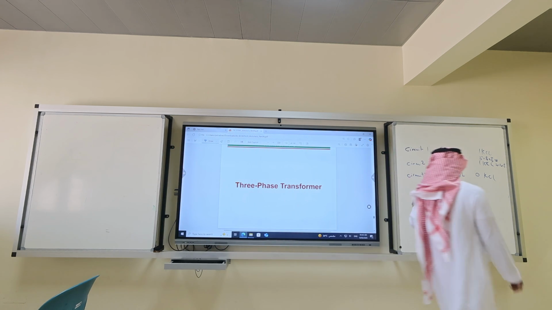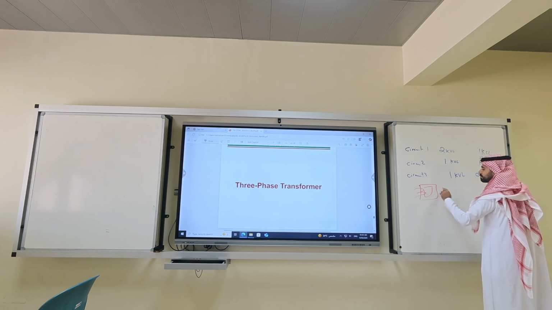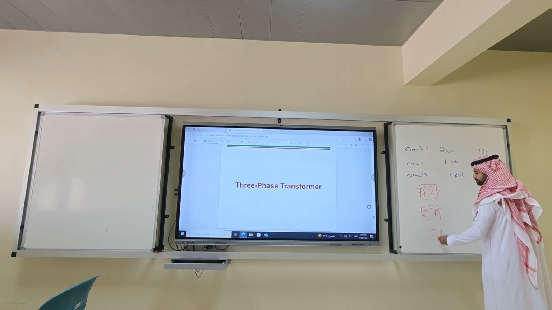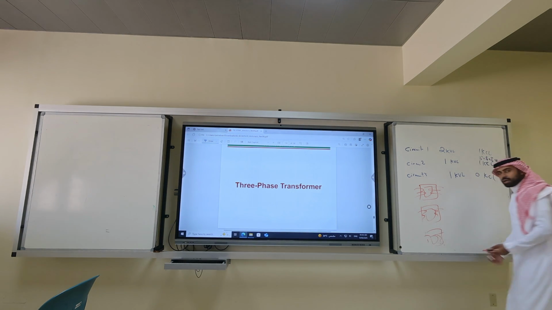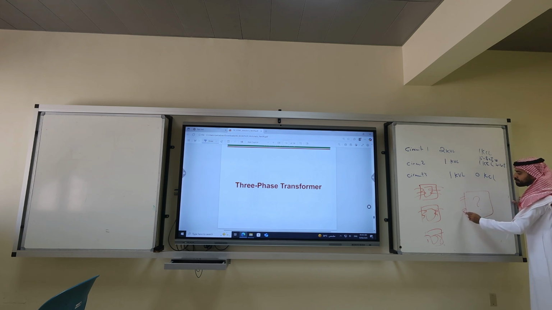So can I bring one single transformer in place here, another one here, another one there? Can I do that? Yes. Why not? Or can I have a box, I don't know what's inside it, where I have 3 wires.